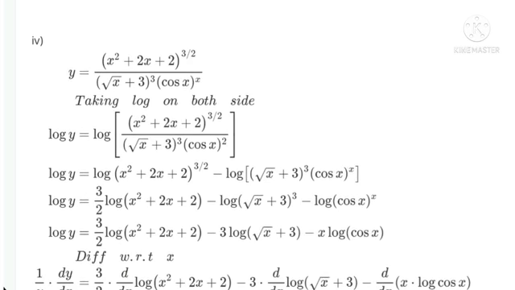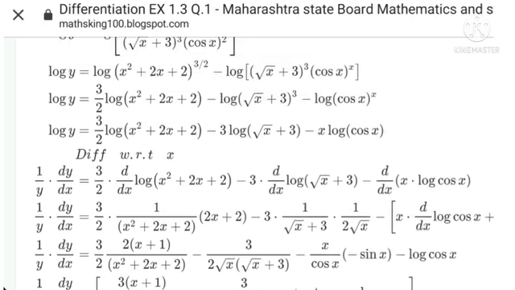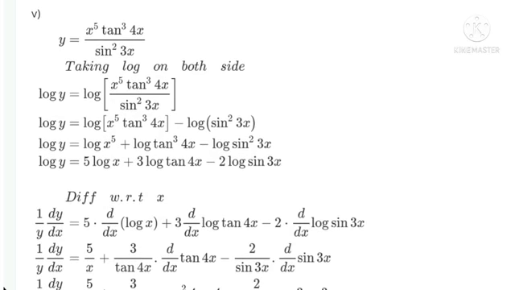Similarly, there is question number 4. You solve yourself question number 4. Then question number 5, same as question C. Here also you apply log, then use logarithmic rule log m by n is log m minus log n, and then simplify.